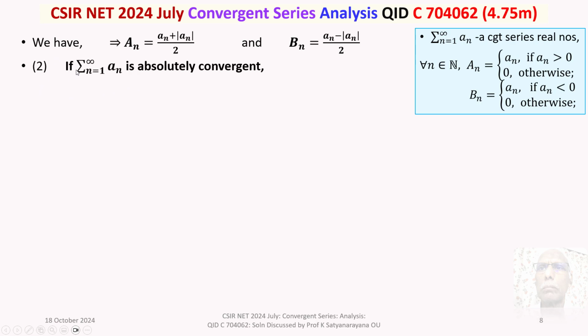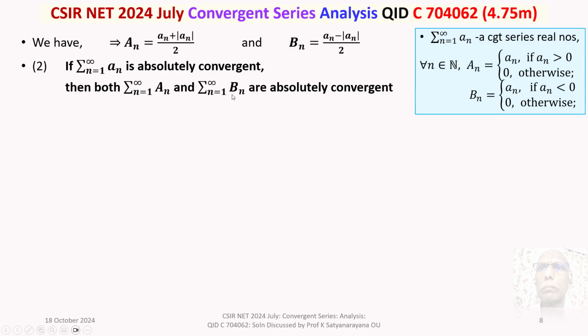If sigma An is absolutely convergent, then both sigma capital An and sigma capital Bn are also absolutely convergent. Right. So we have the hypothesis. Let's look at our hypothesis.